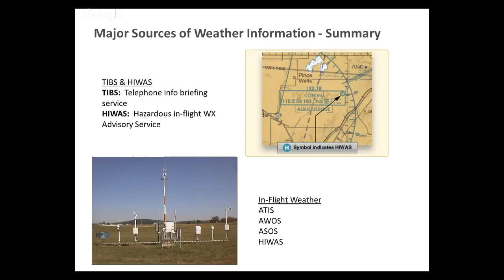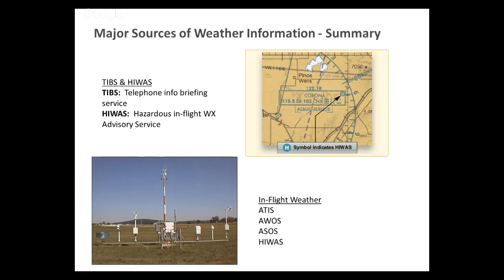Next, we have what is called TIBS and HIWAS. I put these on the charts because they are examples of weather sources that are available for pilots. They are extremely, extremely dated sources of weather information.